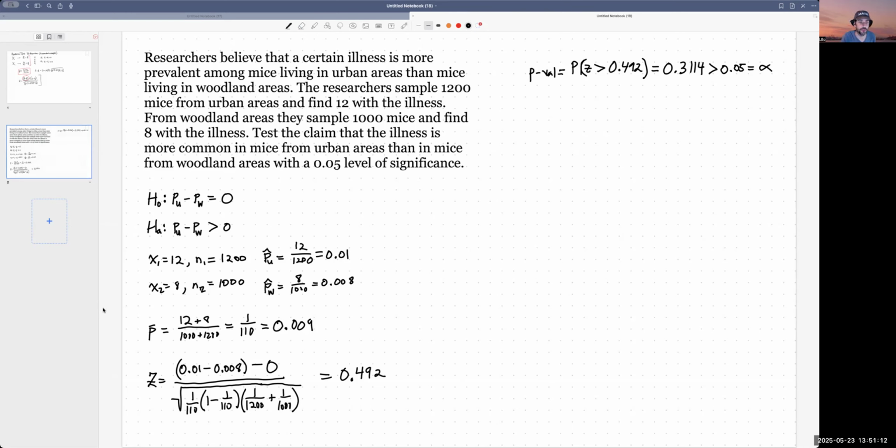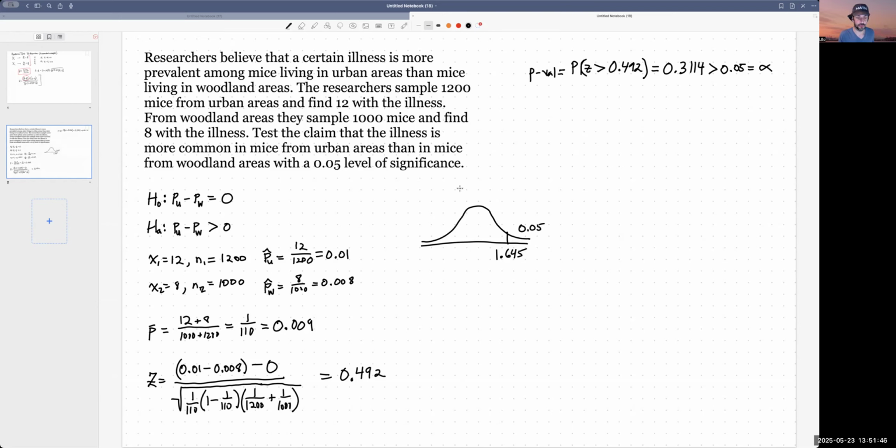Anyways, in any event, we've shown that our p-value is greater than our alpha, which would mean we fail to reject the null hypothesis. We can also look at our critical value. Graphically, a 0.05 area in the right tail, you can use an inverse calculator to get that, is above a z-score of 1.645.